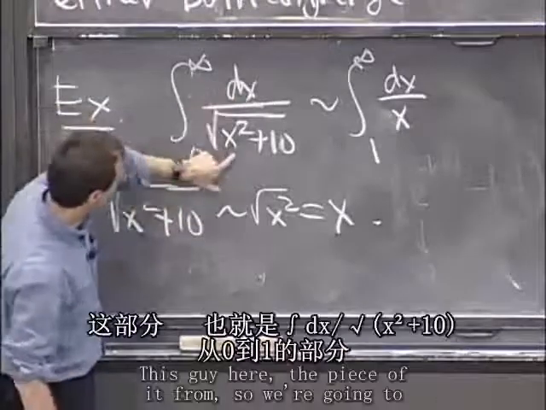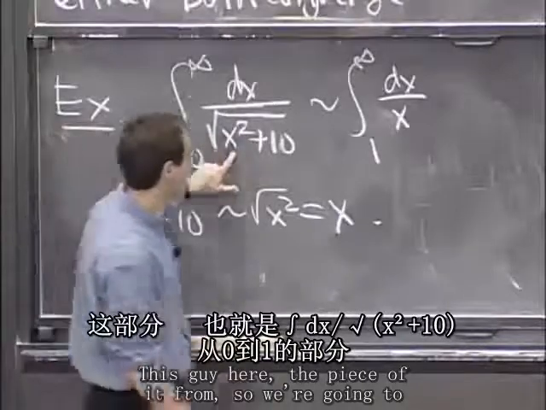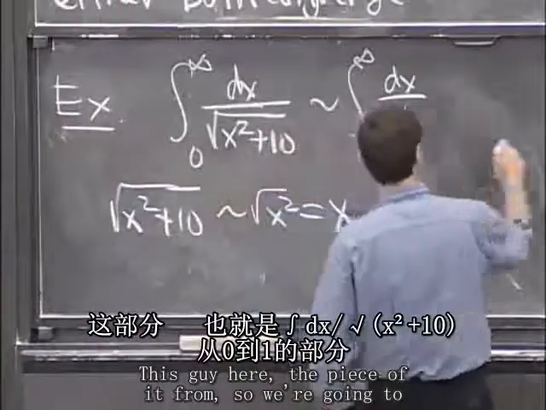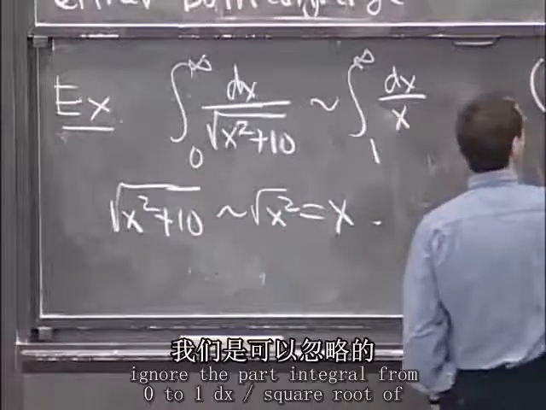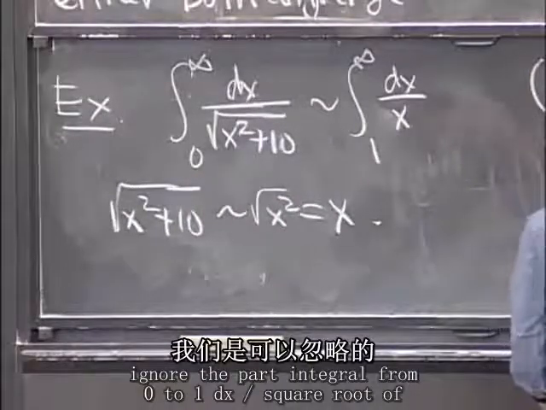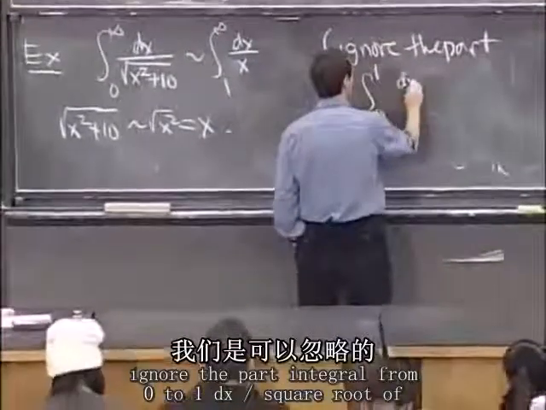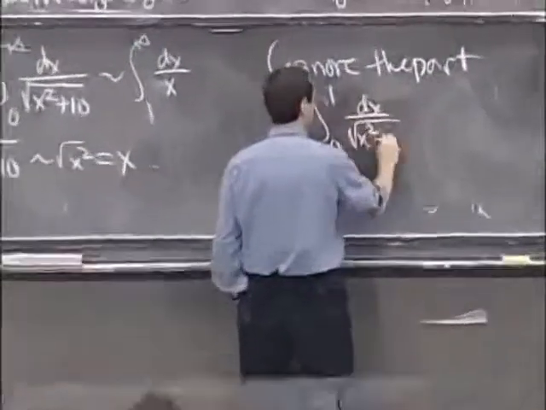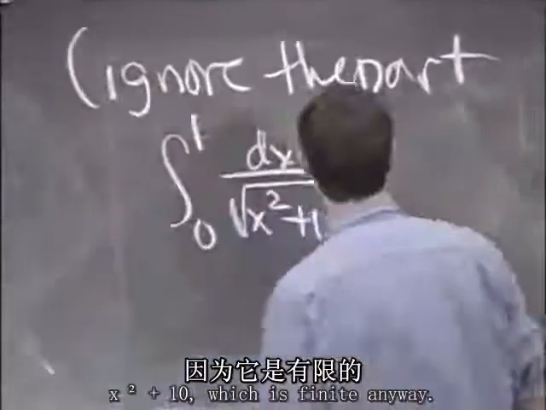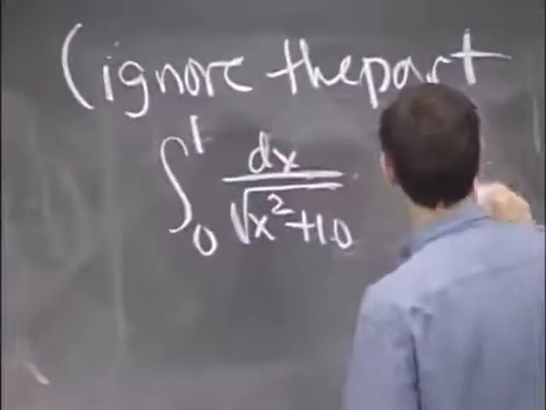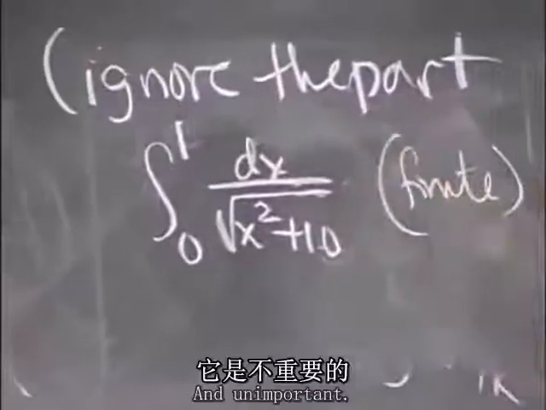So we're going to ignore the piece of it, the integral from 0 to 1 of dx over the square root of x squared plus 10, which is finite anyway and unimportant.